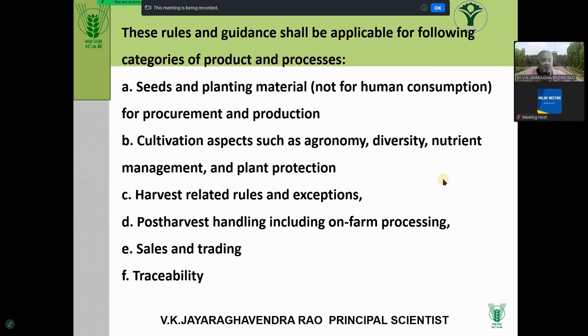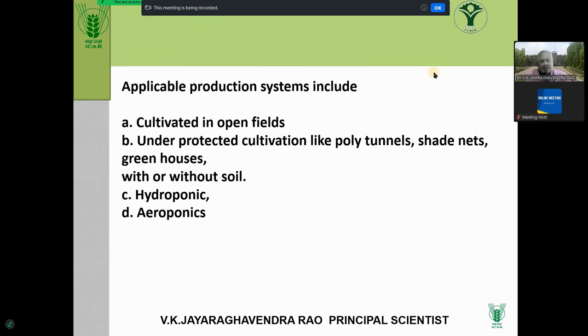We need to follow certain rules and procedures on how to handle them, sales, trading, and even tracing. Suppose there is a nursery in a remote corner of India, and I have RFID technology, I can say that the faulty planting material is coming from here. I require that sort of traceability.